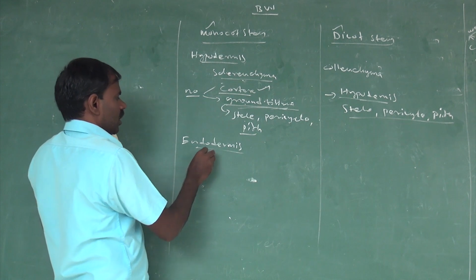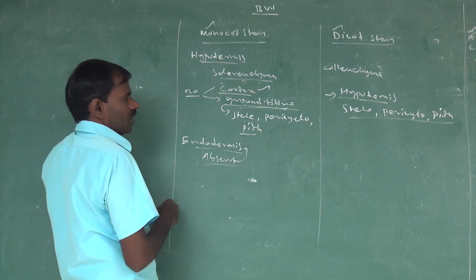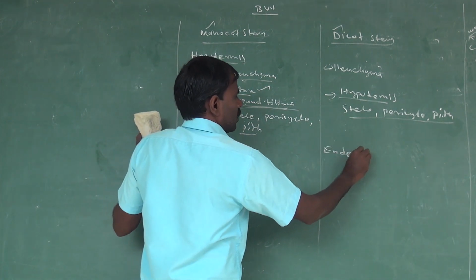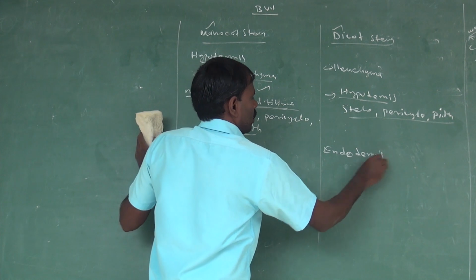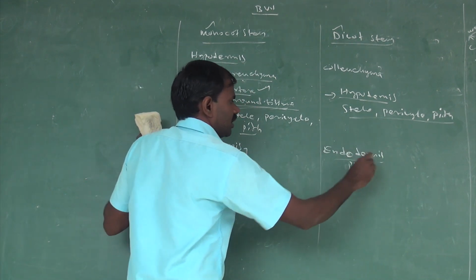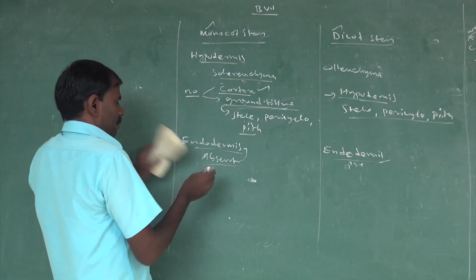Next one is the endodermis. The endodermis is absent in the monocot stem, but the endodermis is present in the dicot stem. In the dicot stem, starch grains are found in the endodermis tissue.